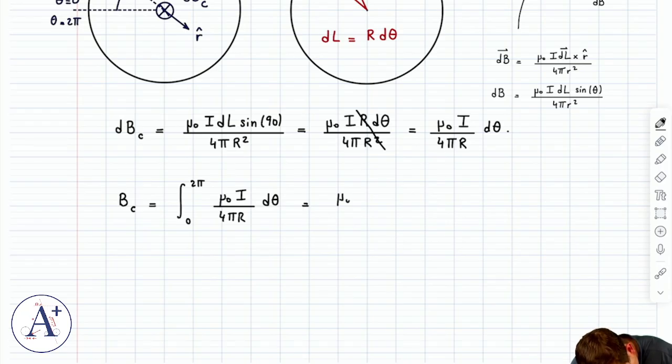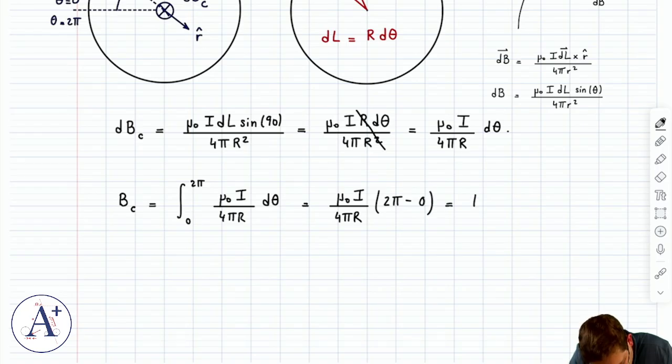That's going to be mu naught I divided by 4 pi big R. If I integrate d theta, I get theta. If I apply the bounds, I get 2 pi minus 0. Okay, so this is going to be mu naught I over 2R. And it's going to be into the page.